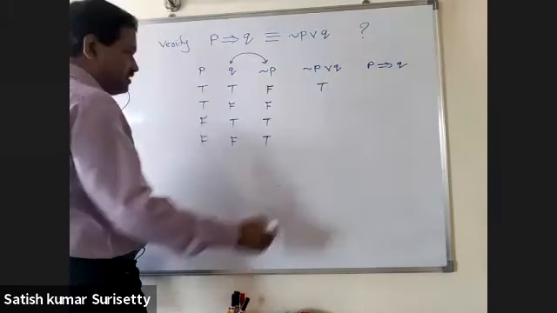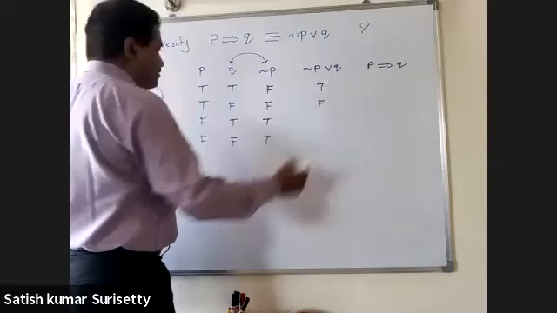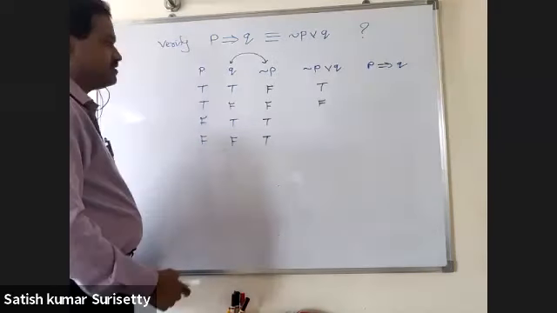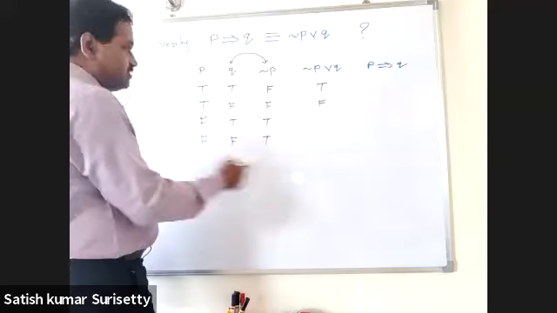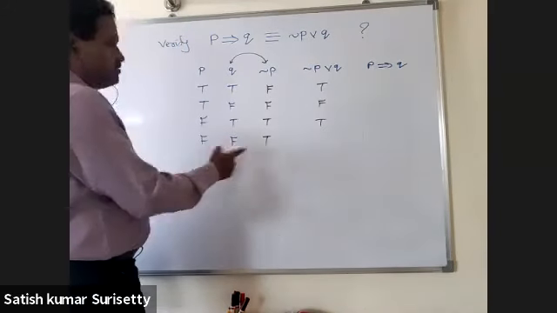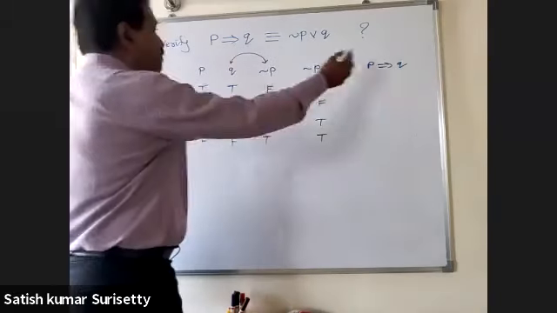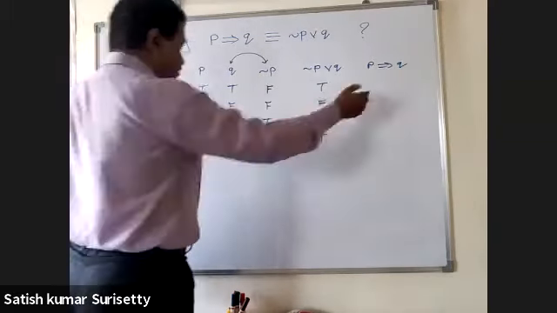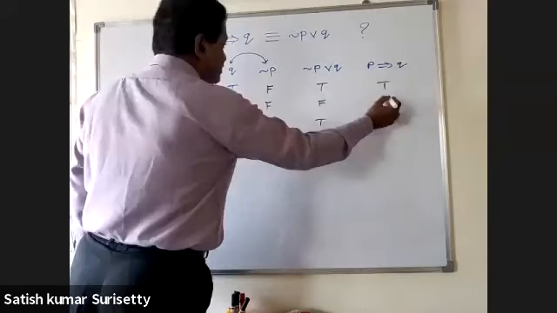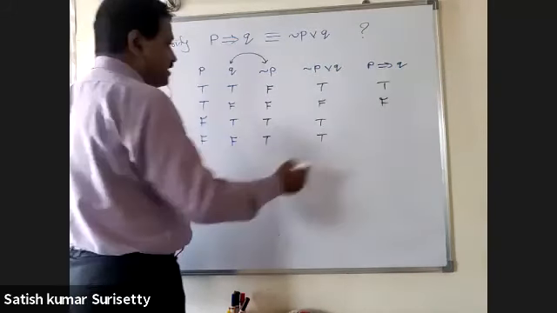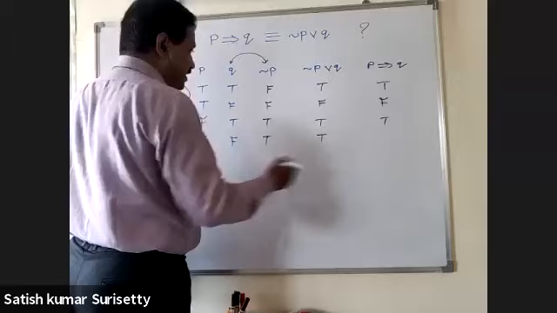Second one, false. Third one, true. Fourth one, true. Now, what about P implies Q? True implies true, true. True implies false, false. False implies true, true. False implies false, true.